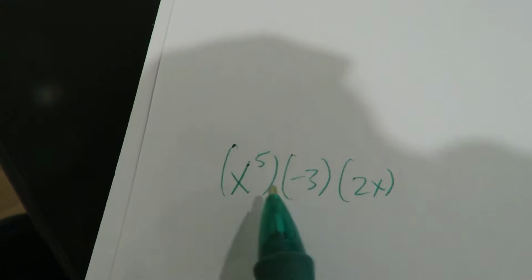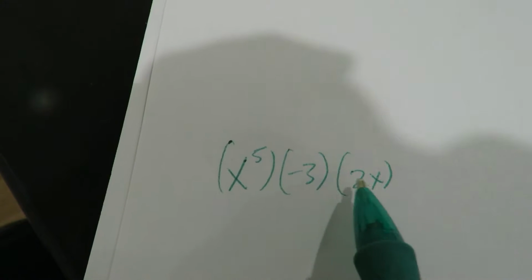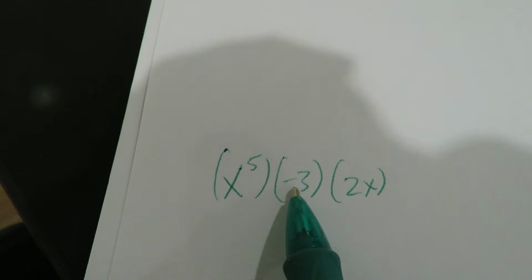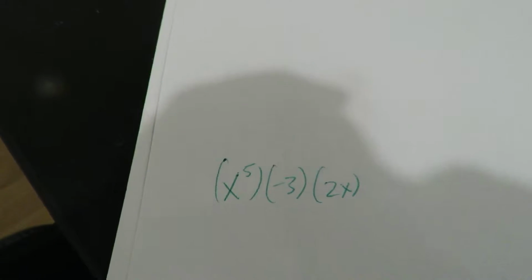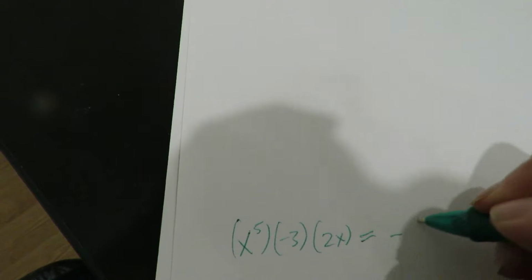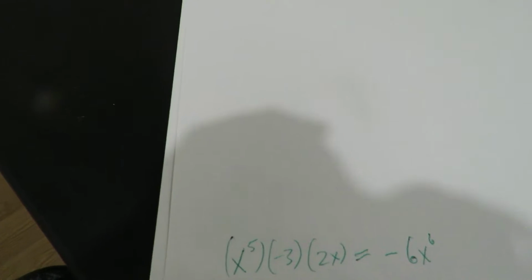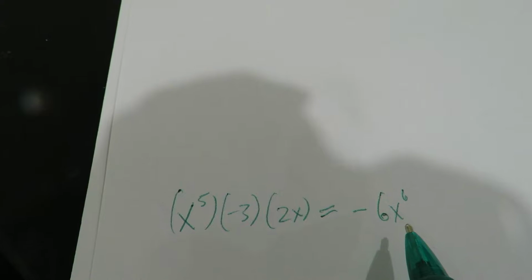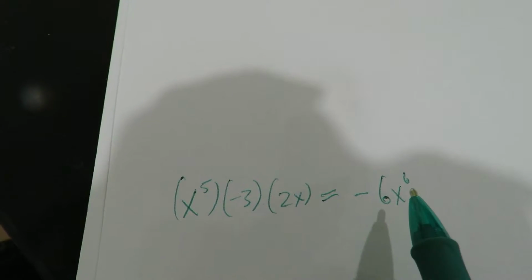If you saw this together, you could simplify this, because this times this times this. Let's see what we're going to get here. Negative 3 times 2 is negative 6, and then you have 6 x's. Okay, so if you saw this little part together, you'd go, oh, that's negative 6x to the 6.